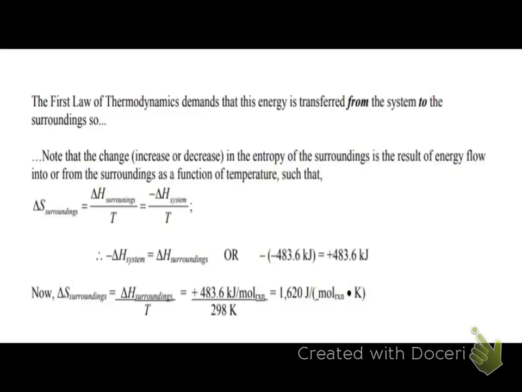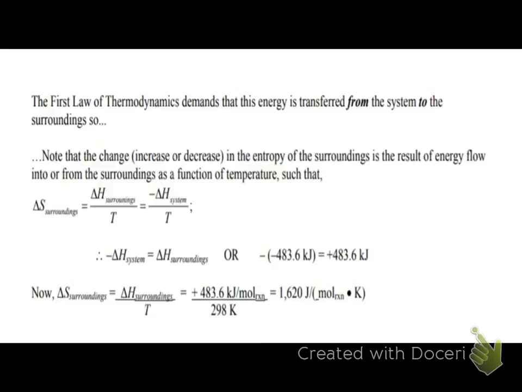So the first law of thermodynamics demands that this energy is transferred from the system to the surroundings. So note that the change, increase or decrease, is a result of the energy flow. So if you look at delta S for the surroundings for that reaction of water, for the surroundings it becomes positive. Not for the system, but for the surroundings.